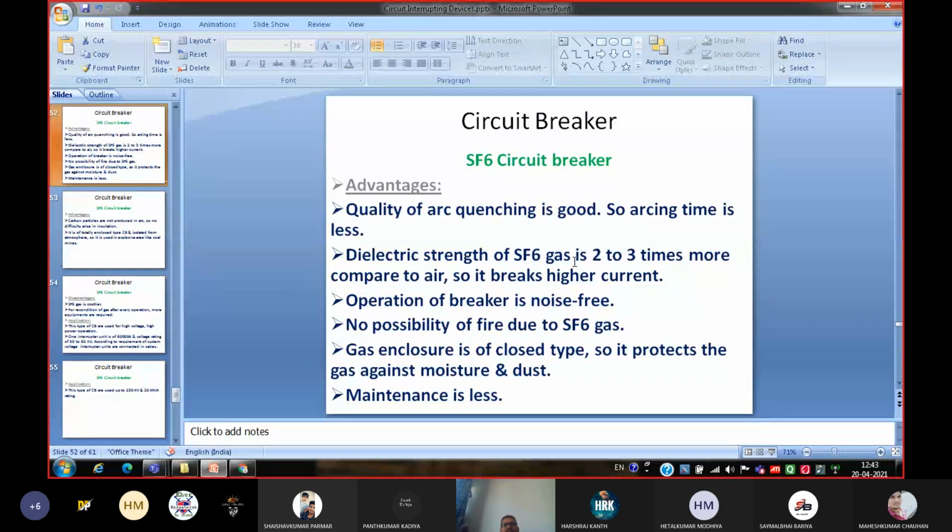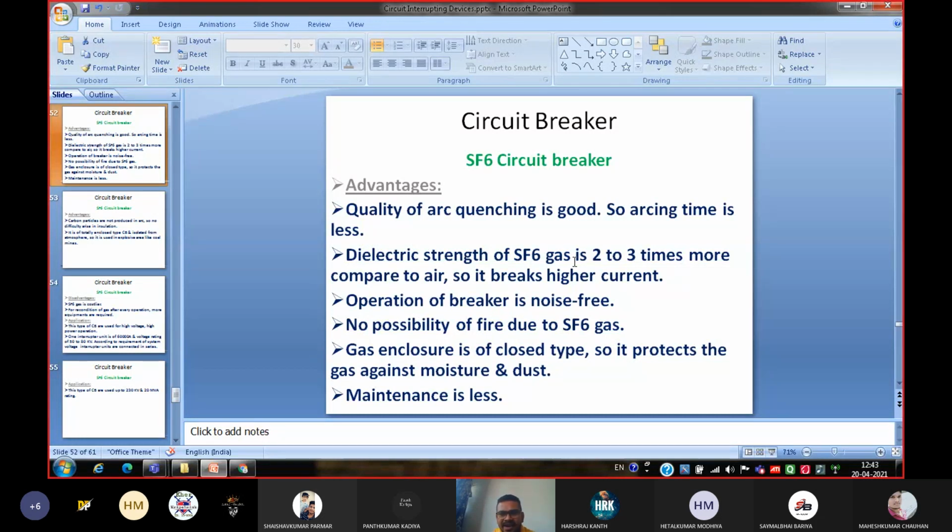If the quality of arc quenching is not good, that means the arcing time is more, and the arc remains in the arc chamber for more time. Here the arcing time is less, that means the arc is extinguished in less time.